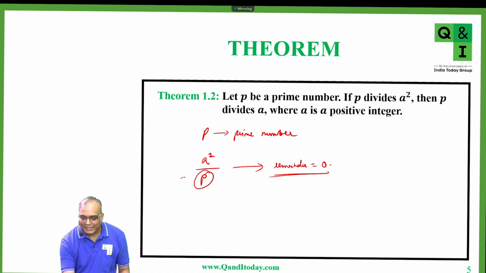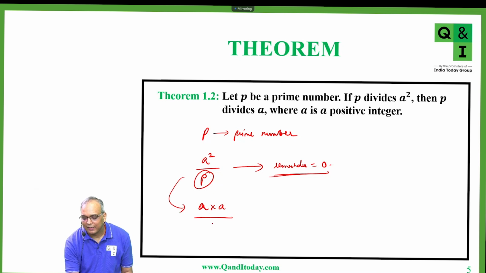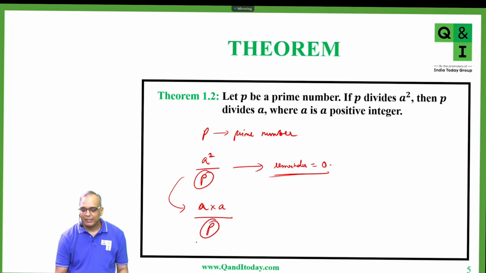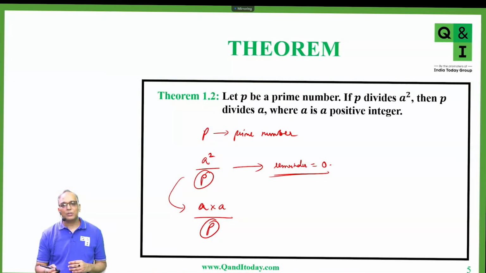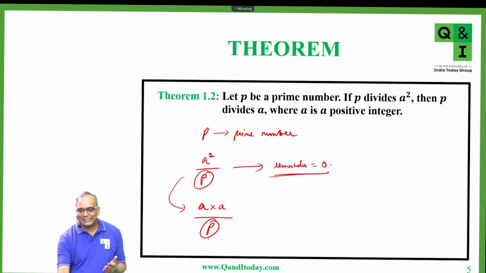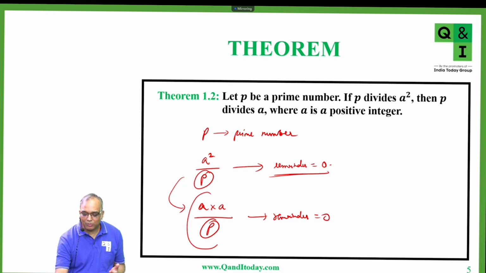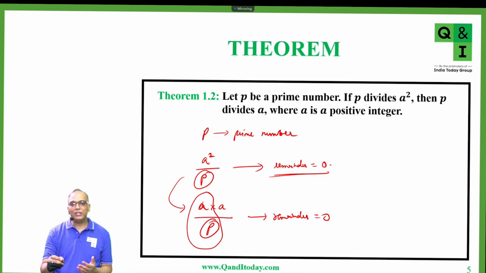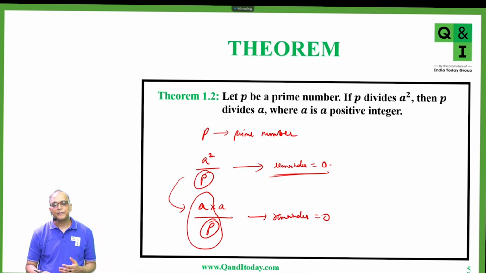Now, if we write a square in the form a into a, and divide it by p, since the same number multiplied by itself gives a square, and since the remainder is 0, this means that a should be divisible by p, then only the remainder will become 0.